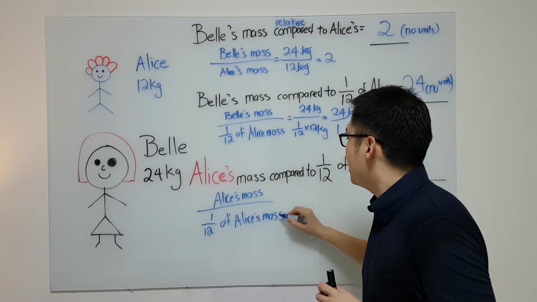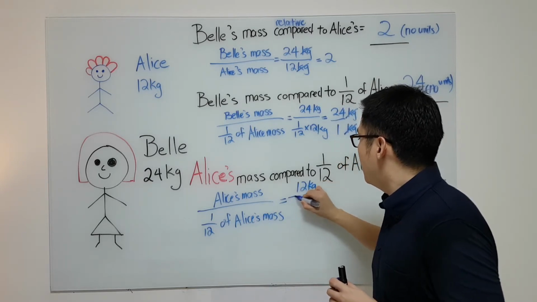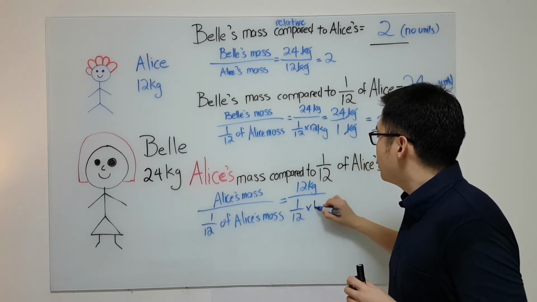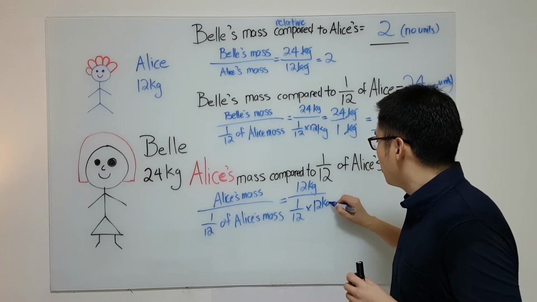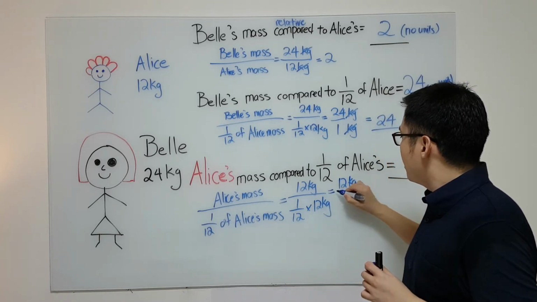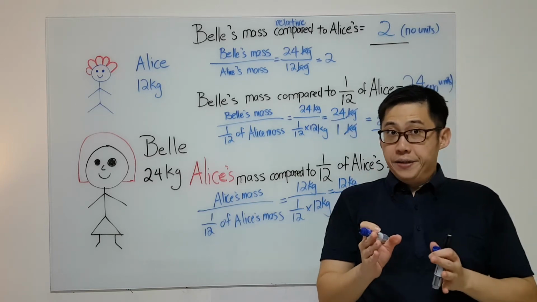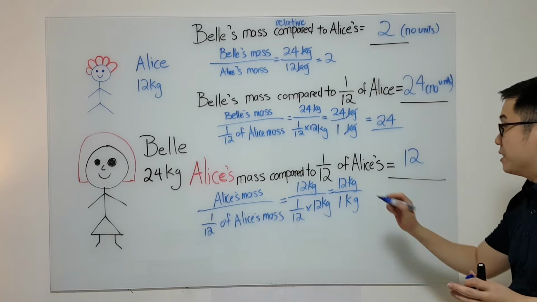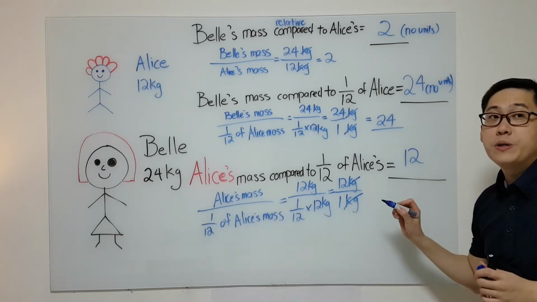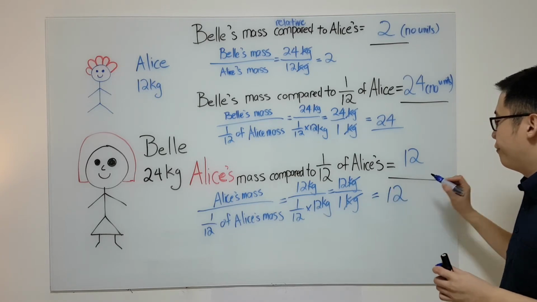So in this case here, it actually equals 12 kg divided by 1/12 times 12 kg. That makes it such that it becomes 12 kg divided by 1 kg. Again, the units cancel out. So as a result of this, the answer becomes 12.